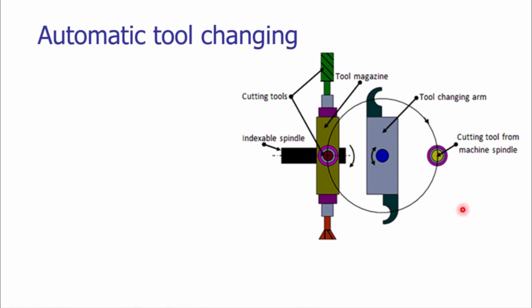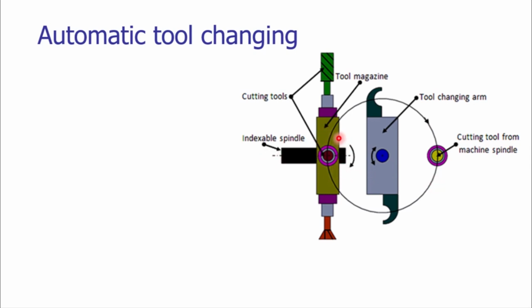On your screen you can see a cutting tool which is mounted on the machine spindle. The spindle axis is perpendicular to the plane of paper, and consider the tool is mounted over here. This is the tool magazine.